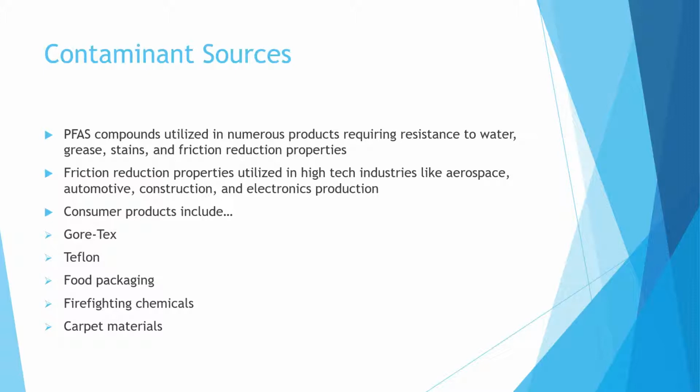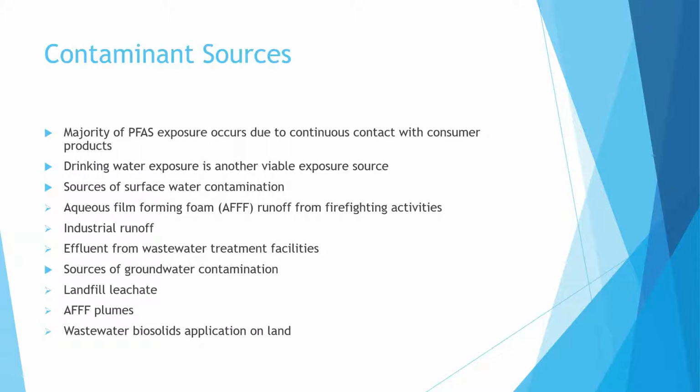Consumer products include Gore-Tex, Teflon, food packaging, firefighting chemicals, and carpet materials. The majority of PFAS exposure occurs due to continuous contact with consumer products, but exposure through drinking water is another viable exposure source that is becoming more of a concern.